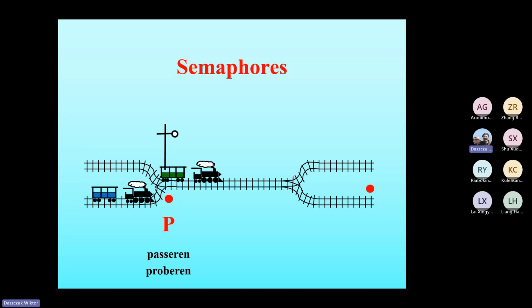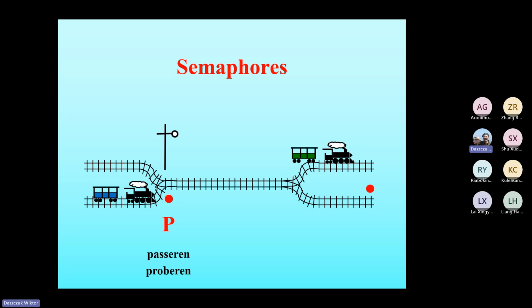And the train continues. The other train approaches, and the driver looks at the semaphore. Oh, it's down. So he stops the train and waits under the semaphore to be raised up.